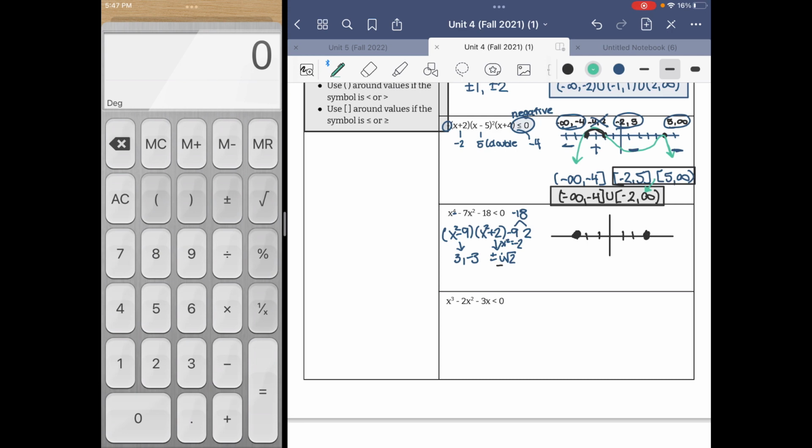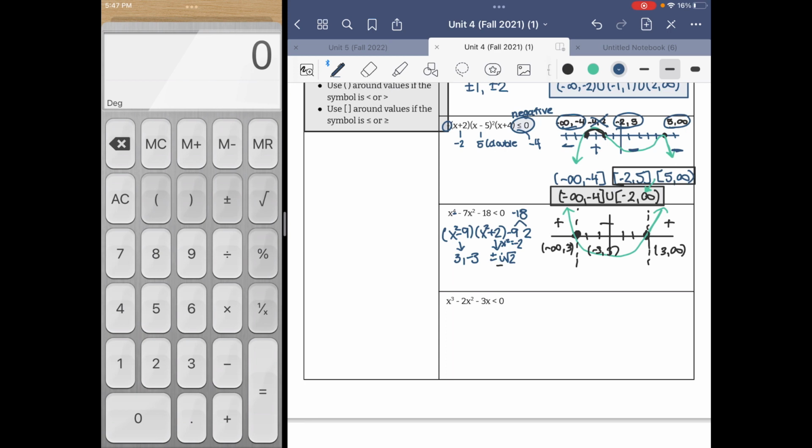Since there is no negative out front, the right side's going to go up like this, all the way through, all the way through. So, kind of like our quadratics, we have got a positive, negative, positive situation. Okay, and my 3 intervals would be -infinity to -3, -3 to 3, and 3 to infinity.